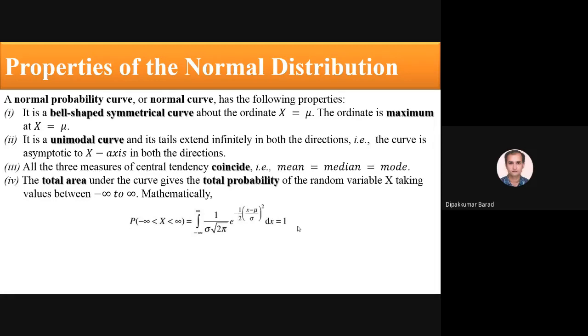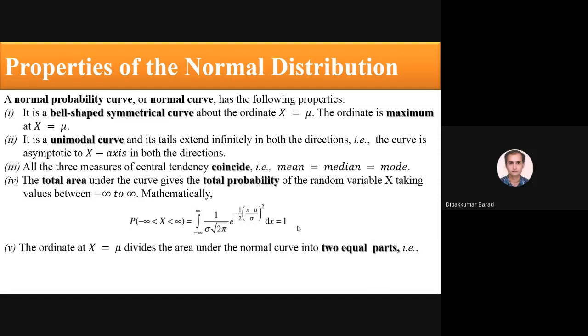And x equal to mu divides the area under the normal curve into two equal parts, because of the symmetry. So the integral from minus infinity to mu of f of x dx is equal to the integral from mu to infinity of f of x dx, which is equal to 1 by 2.